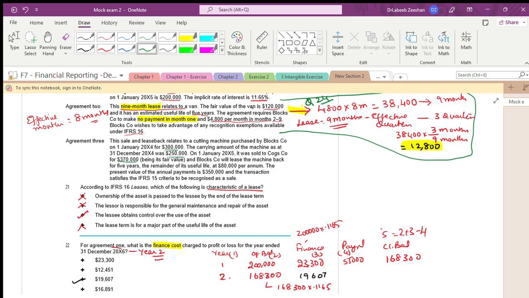January 1st, 2005. Then Blocks will lease the machine back for 5 years. The remainder of the useful life is specified. 80,000 per annum. The present value is 350,000 and the transaction satisfies the IFRS criteria for revenue. Is it right? Recognized as a sale.